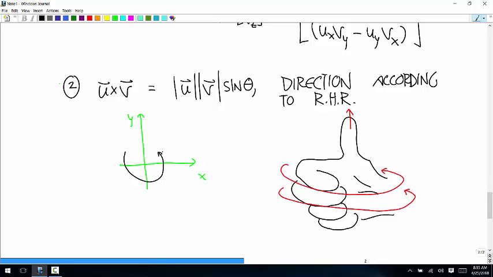Positive Z. So the right-hand rule is the reason that counterclockwise is positive and clockwise is negative. Okay. But in 2D, you can just think of it as clockwise and counterclockwise. In 3D, you can't, so you need a more general thing, and that's the right-hand rule.